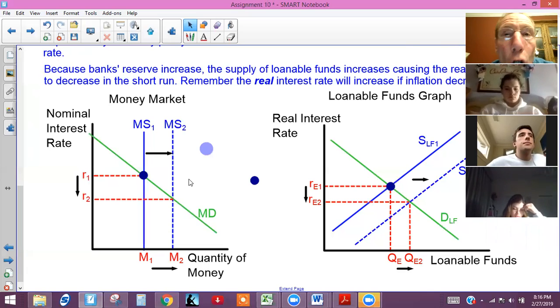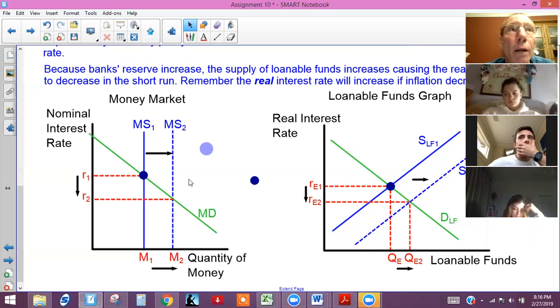They're trying to lower the interest rates in order to stimulate investment, because now investment is less expensive, because remember, this type of investment is usually done with borrowed money, right? A firm would finance their investment. So the lower the interest rate, the easier it is for them to finance an investment.